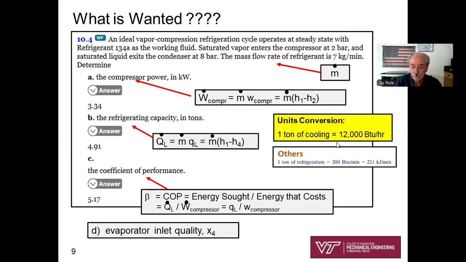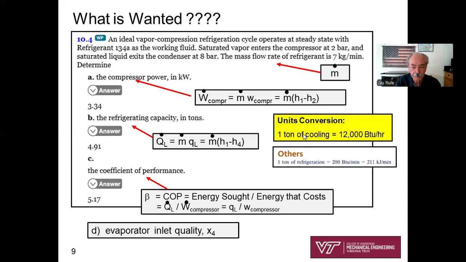Now, just to speed up the process, I've pulled out a screenshot of our conversion factors from your one-page conversion factor book, and I see that 1 ton of refrigeration equals 211 kilojoules per minute. So we're just going to accept that as a conversion factor for units.